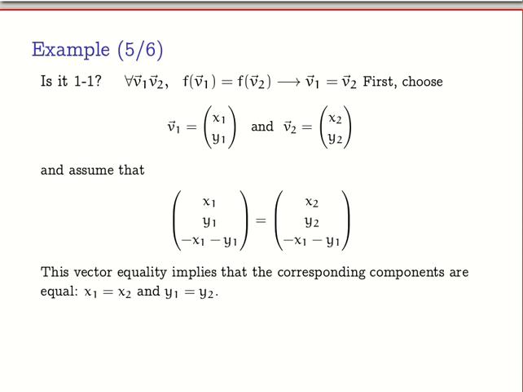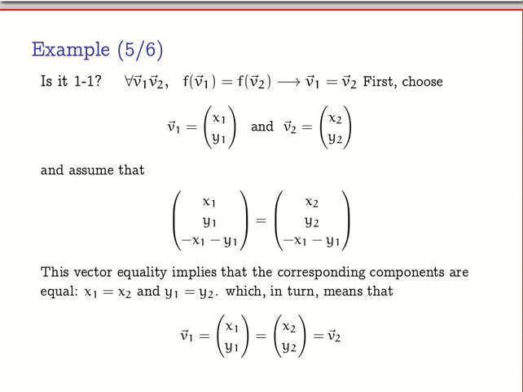This vector equality implies that the corresponding components are equal. So x1 equals x2 and y1 equals y2. That directly means that v1, which equals (x1, y1), which equals (x2, y2), equals v2. So indeed, it's one-to-one.